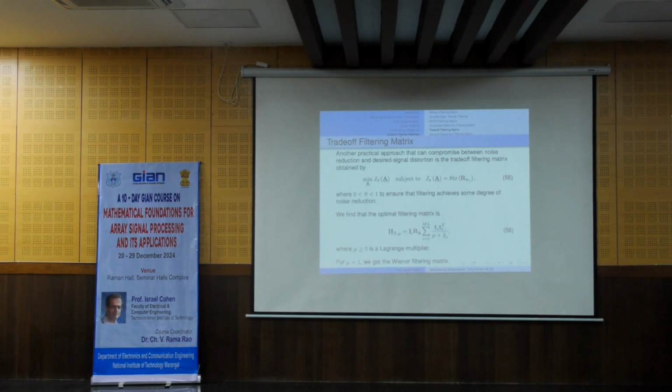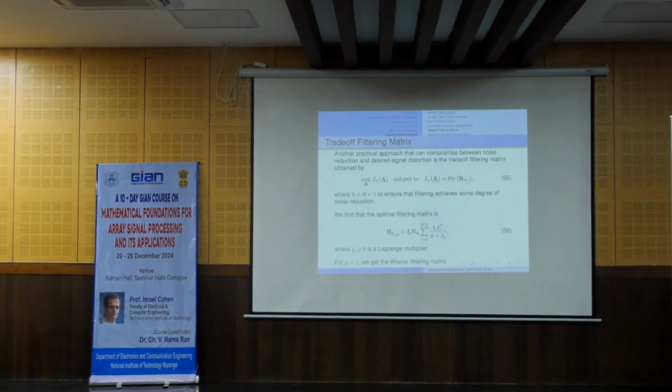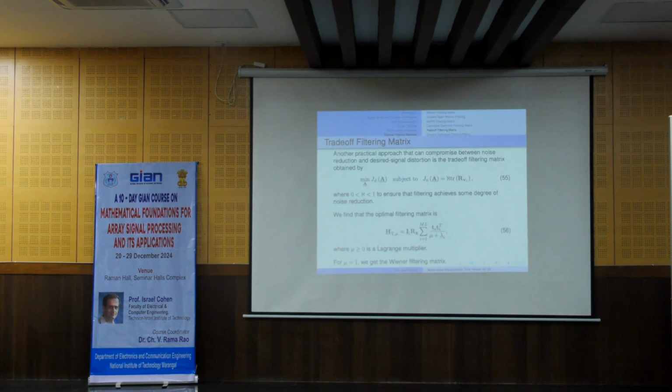Another thing is, what happens if I put here mu equals 0? What does it mean? If mu equals 0 and I try to minimize this, I don't care about noise. I care about distortion. What do I get if mu equals 0? MVDR.